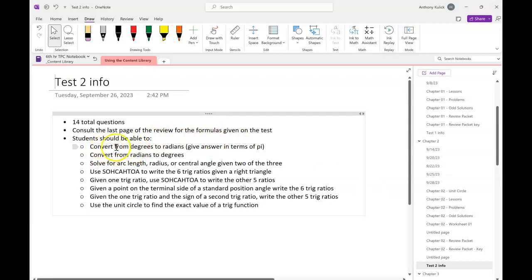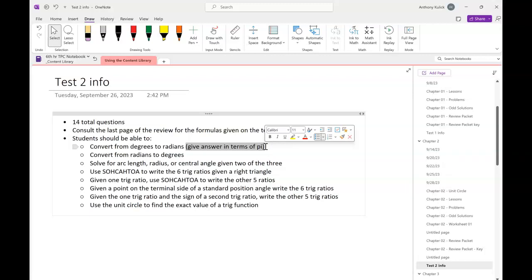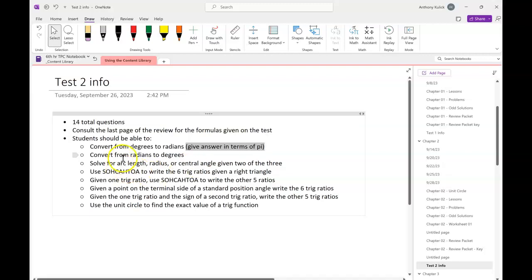You should be able to convert degrees to radians and be able to write your answer in terms of pi. So like 45 degrees to radians becomes pi over 4 rather than the decimal, 0.78 something. You should be able to convert from radians to degrees.